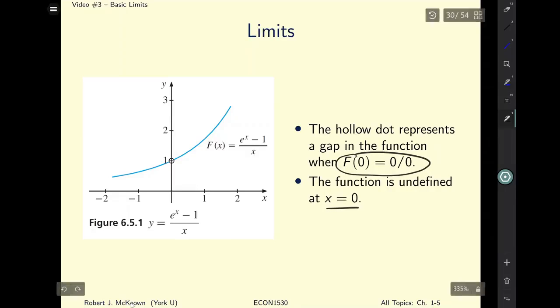And I'll just point out, notice here that we've got a hollow circle, a hollow dot. Similar to when we were looking at set theory earlier in the course, when we've got a hollow dot, that means it's not included in our domain or our range.